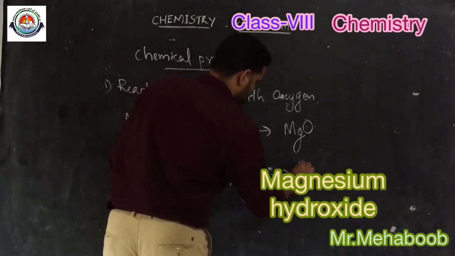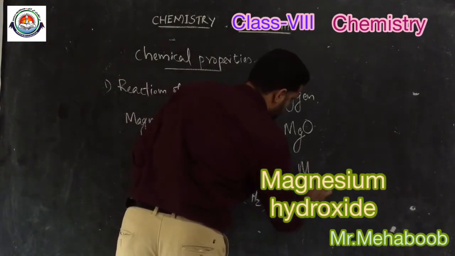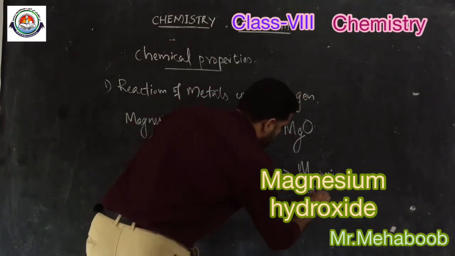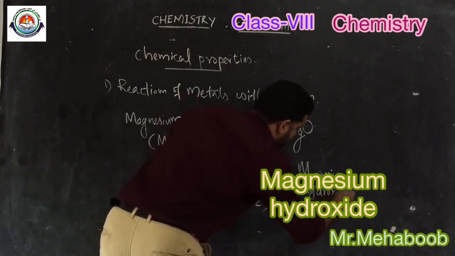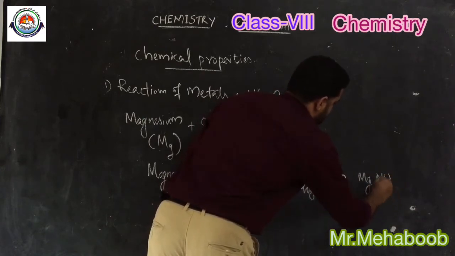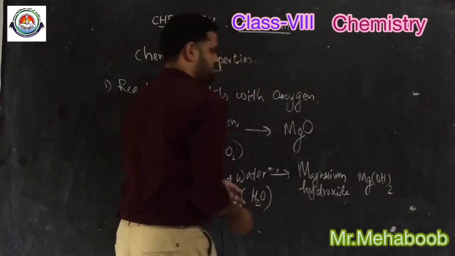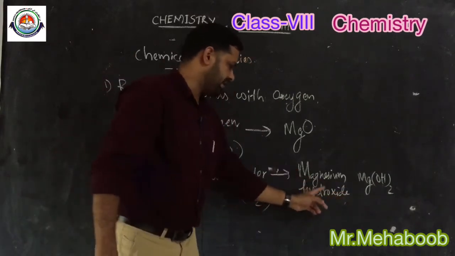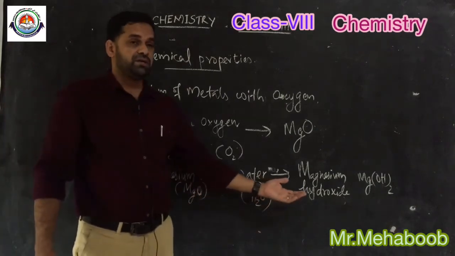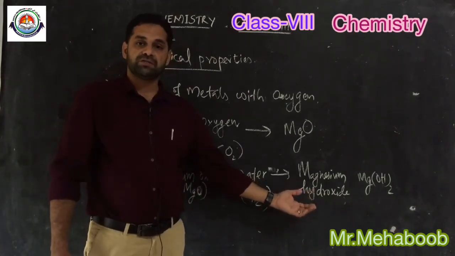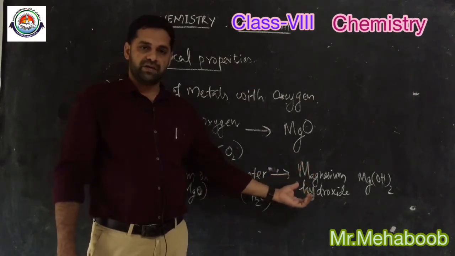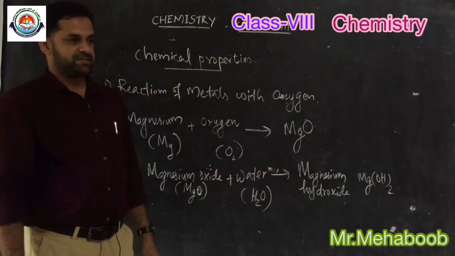We get magnesium hydroxide, Mg(OH)2. This is the molecular formula of magnesium hydroxide. You also studied in your lower classes whether hydroxide is a base or acid. So, magnesium hydroxide is a base.